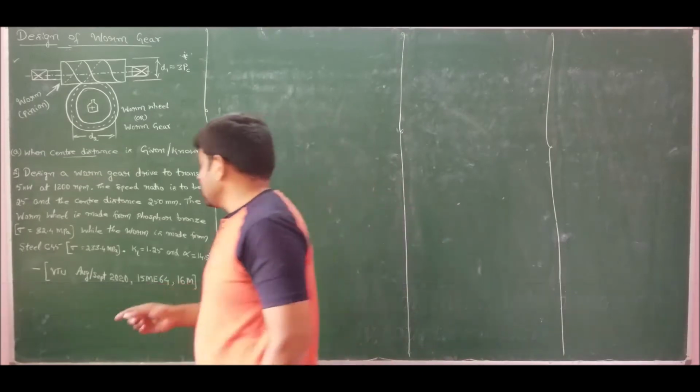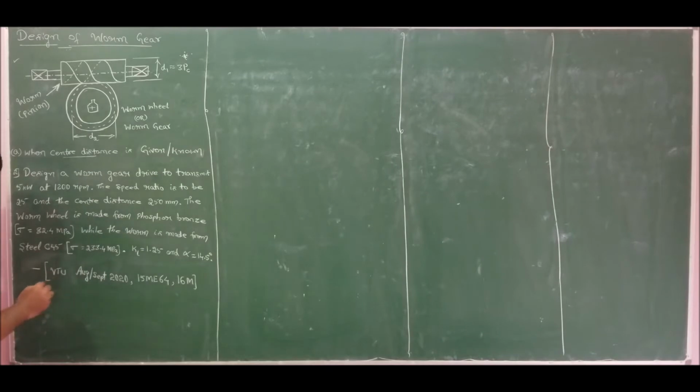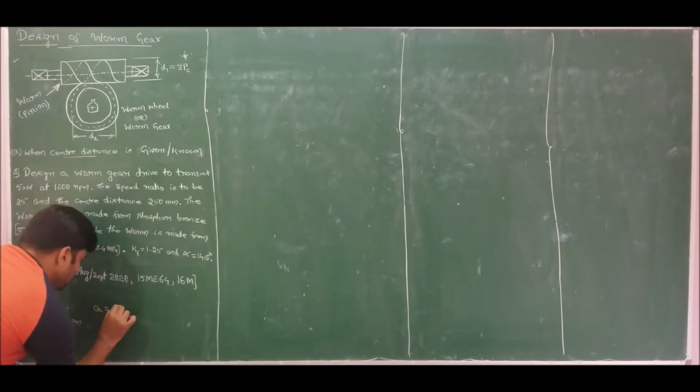If I list out the data given, you can clearly observe he has specified the center distance as 250 millimeters. So the data given for this problem are: power to be transmitted is 5 kilowatts with a speed N1 of 1200 rpm, and the speed ratio i is 25, and the center distance, which is denoted by small a, is specified as 250 millimeters.